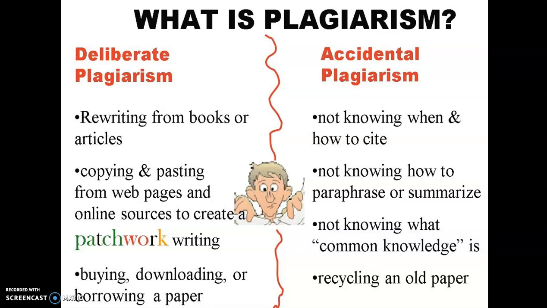If you don't know how to paraphrase something and put it in your own words, you still have to cite it, but basically you're still just doing it word for word and not giving credit. So even if you're just a bad writer, you are still plagiarizing. It is your responsibility to make sure that you know how to properly cite, how to properly paraphrase, and that you are doing original work every time unless you have specific permission from your instructor to reuse an old paper.